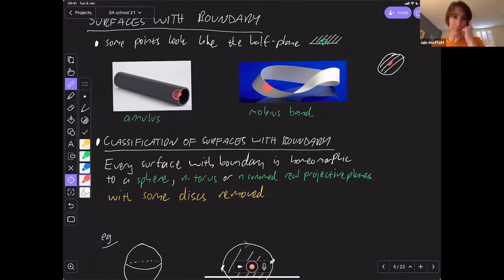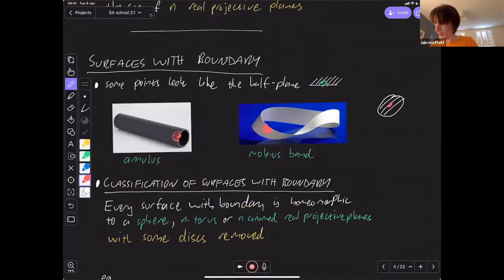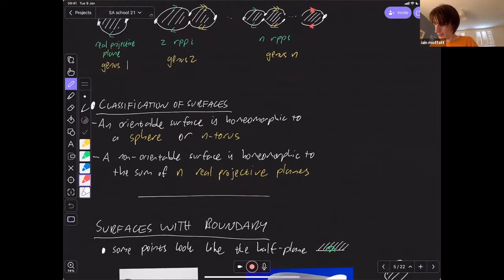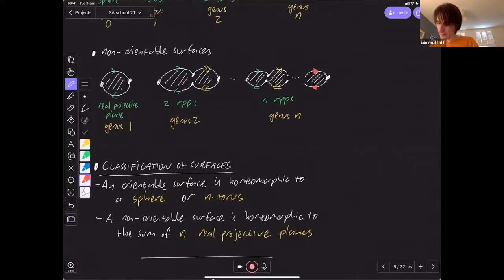Okay. So I just noticed one question come in. Okay, so the question coming in was a good one that I was a bit sneaky about. And this was how I'm gluing the real projective planes together.